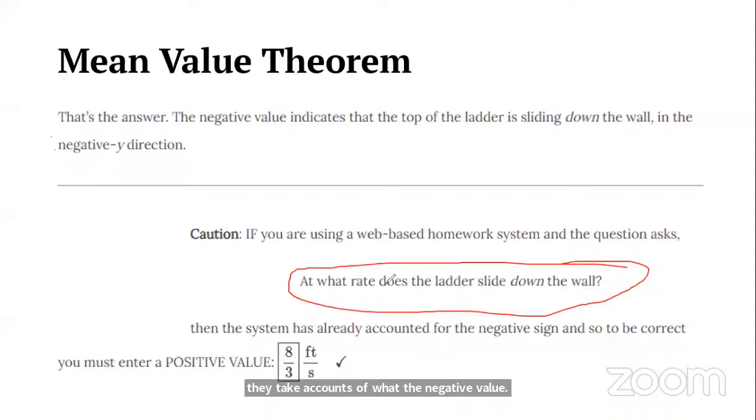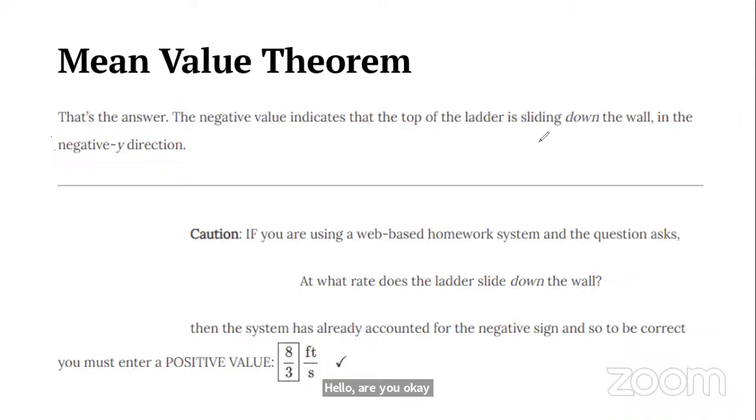The moment you see this statement in the question, your answer should be in a positive form because they have already taken the negative value into account. Are we okay? Yeah, we are okay. All right.